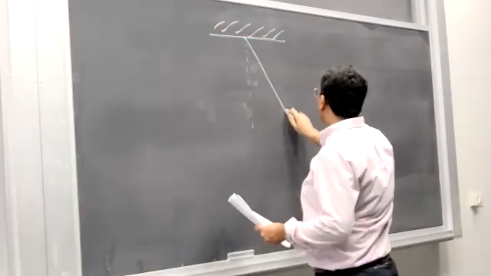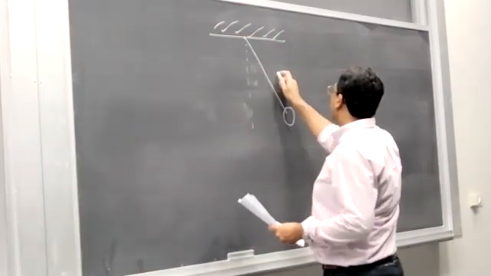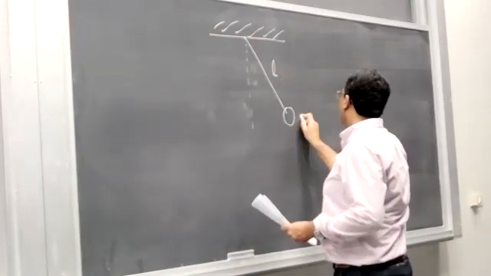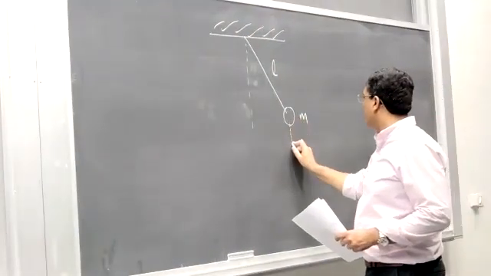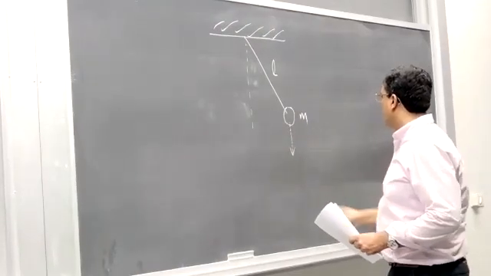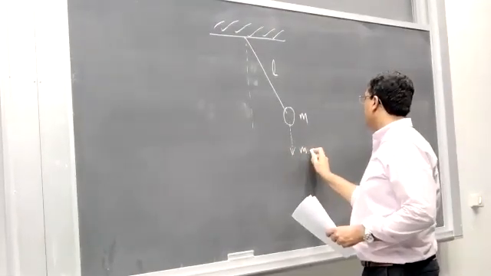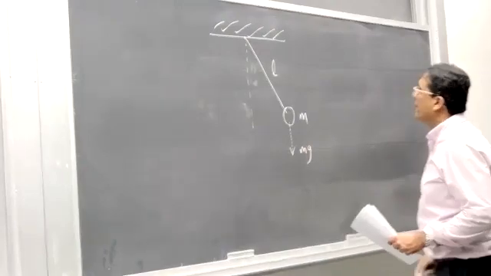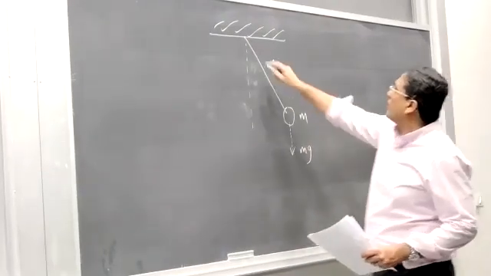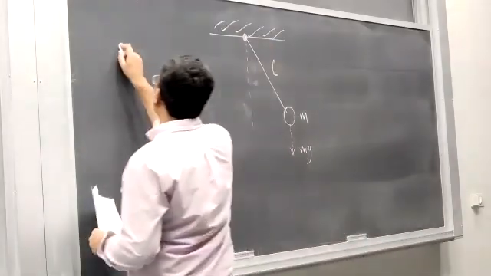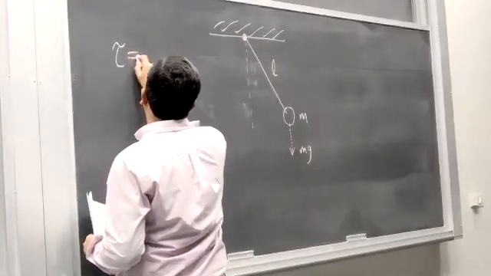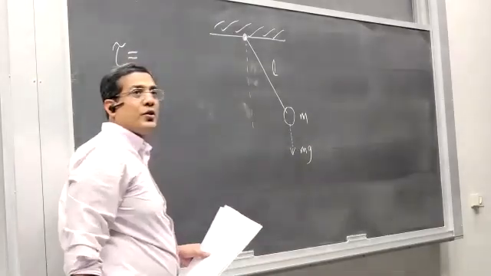You have a mass attached with a string of length L, and there is a gravitational force pulling down on it, mg. What would be the torque about this point due to the gravitational force?